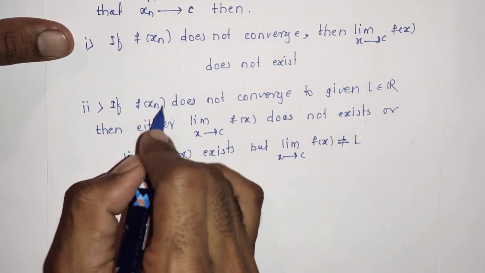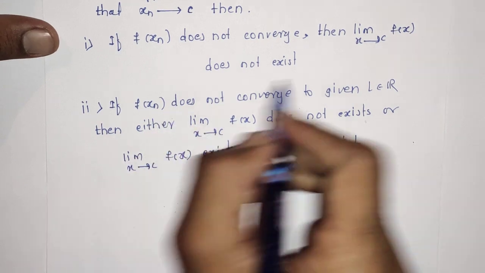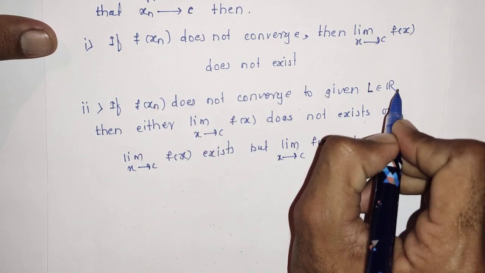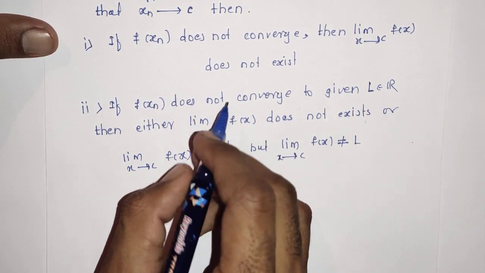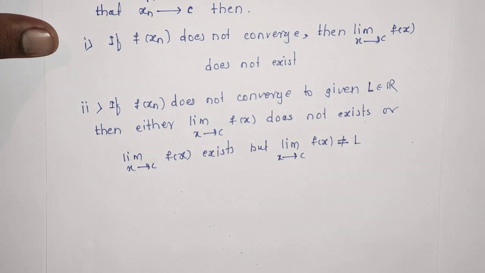If the image of xn does not converge to the given limit L, then either that limit does not exist or that limit exists but is not equal to L.